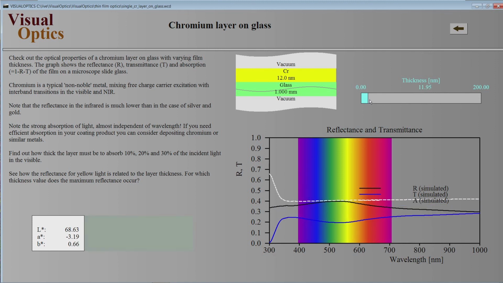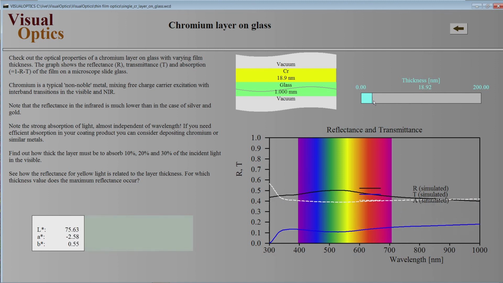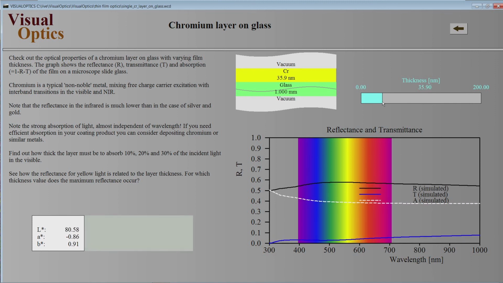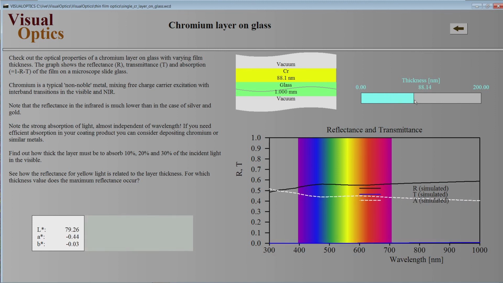The absorption is not rising too much. If you increase the thickness, it's even going lower because less and less light comes back from the bottom interface. So if you deposit a thick layer, you basically see the reflectance of the top interface.